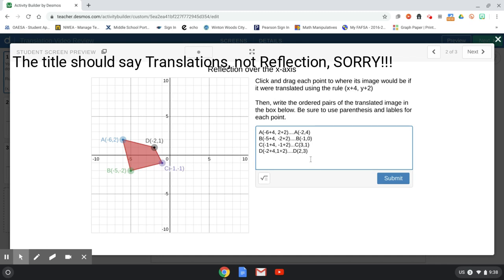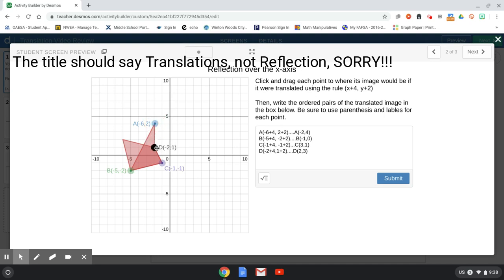Now, I can either plot these points or I can come over here and know that x is going to move plus 4, y is going to move plus 2. So I can go 1, 2, 3, 4, 1, 2. And I can actually physically just follow the directions to move the points.